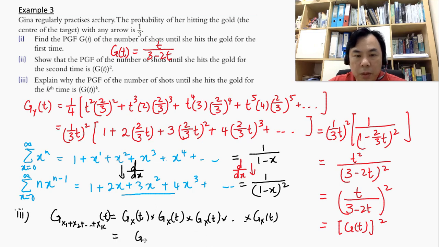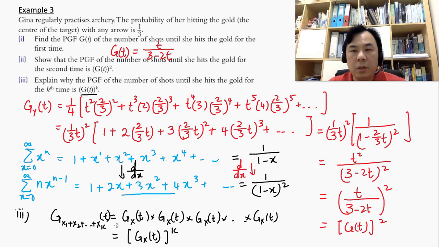So if you multiply by that k number of times, we have g(t) raised to the power of k there. That's the reason why we can say that the probability generating function of the number of shots until she hits the goal k number of times is given by the probability generating function g(t) raised to the power of k, because the probability generating function of the sum is the same as the product of the individual probability generating functions.